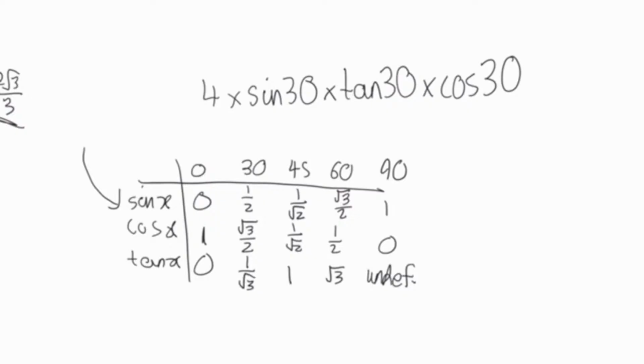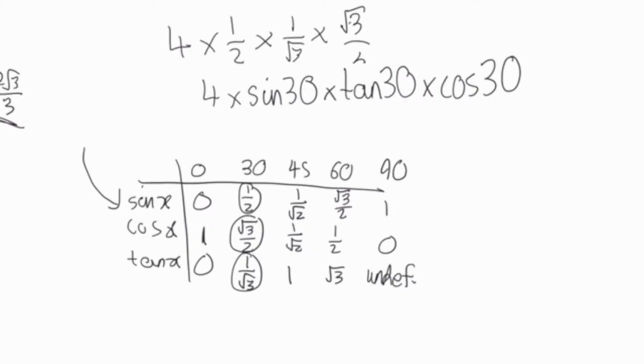So if we now look at the question, we have 4 times sine of 30, which is just a half, so 4 times a half, then tan of 30, which is 1 over root 3, and then cos of 30, which is root 3 over 2.